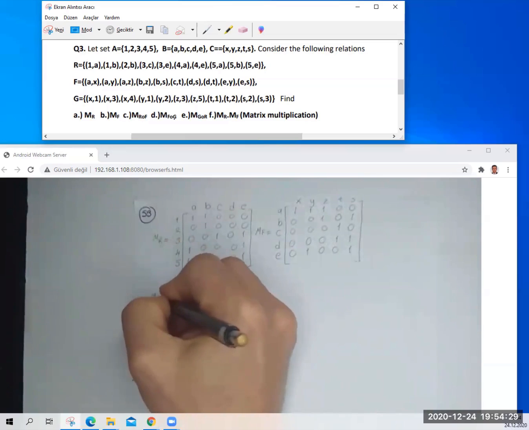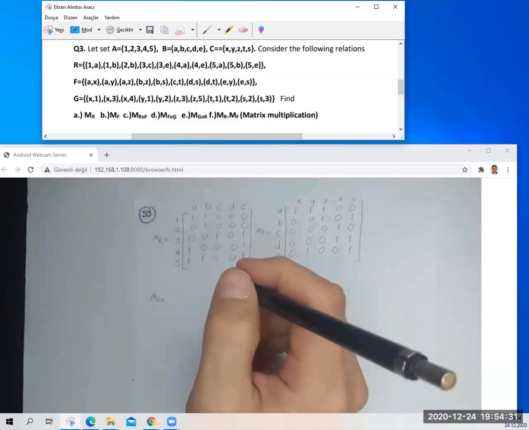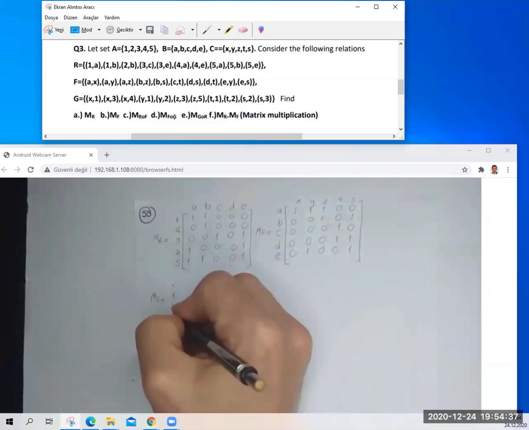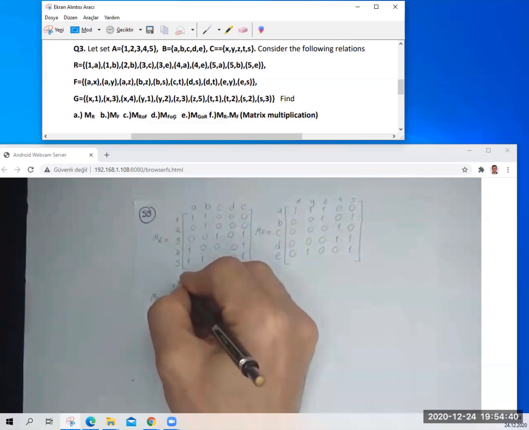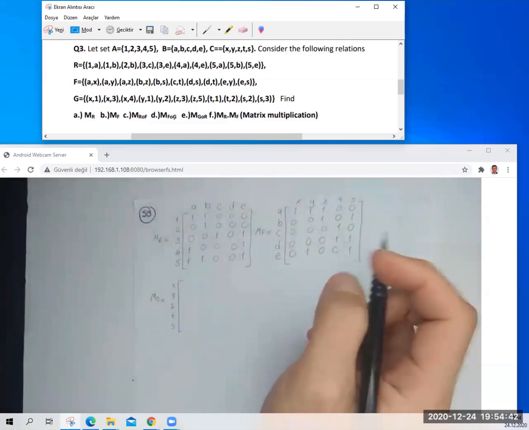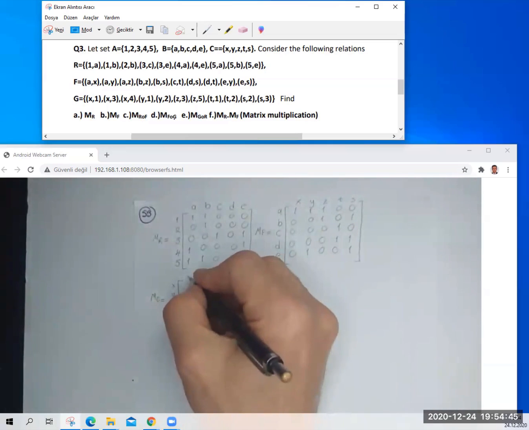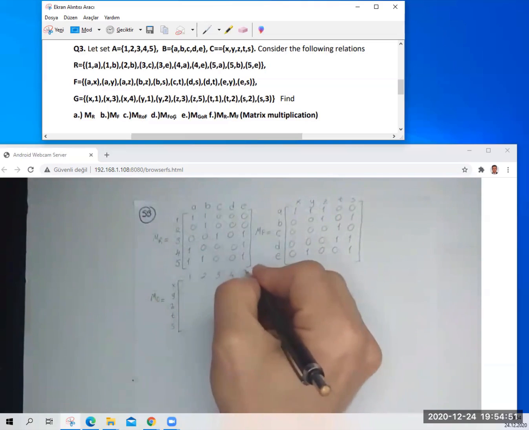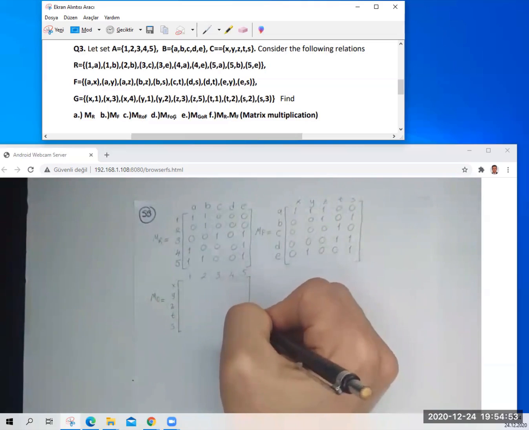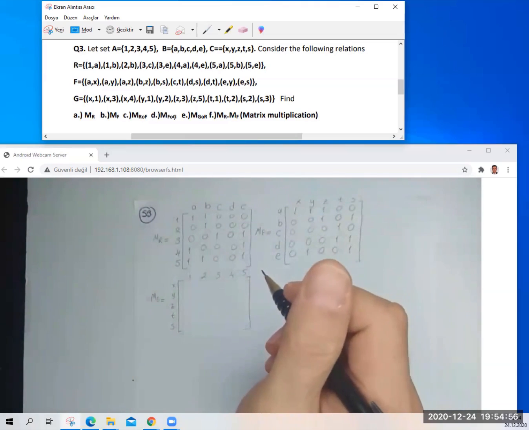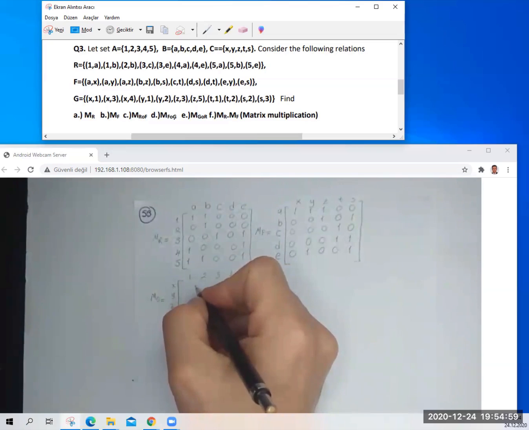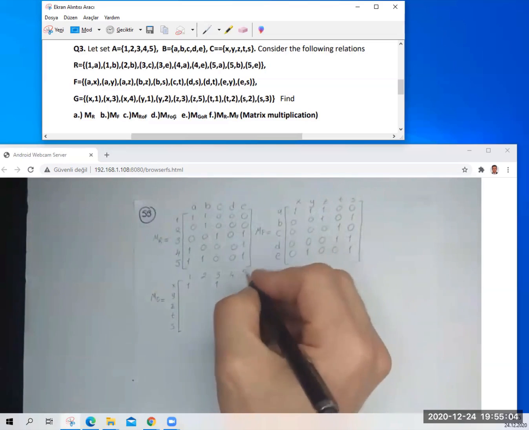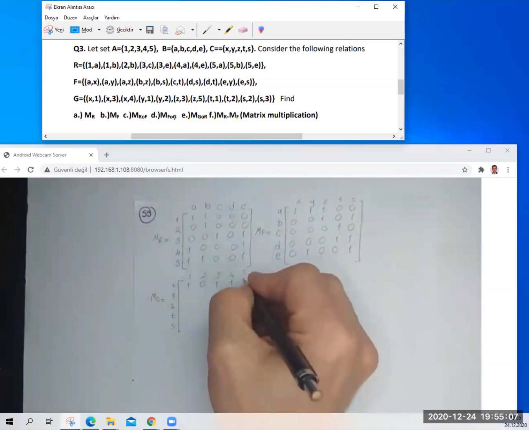Matrix G has X, Y, Z, T, S as rows, and columns 1, 2, 3, 4, and 5. For G, X goes to 1, X goes to 3, X goes to 4, and 0, 0.